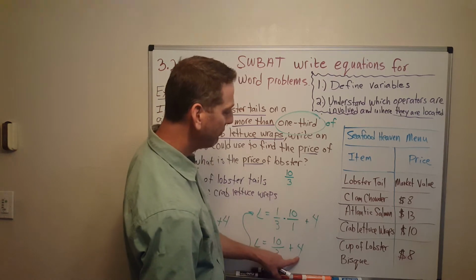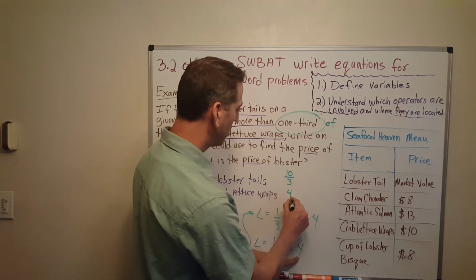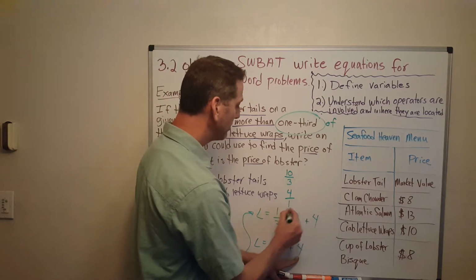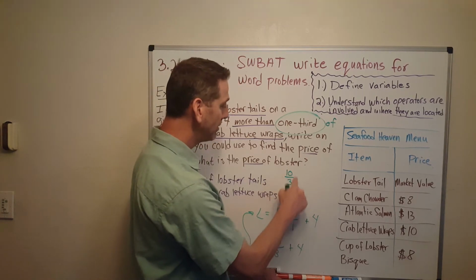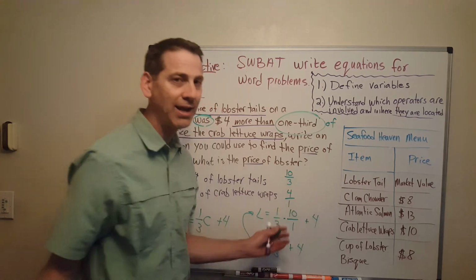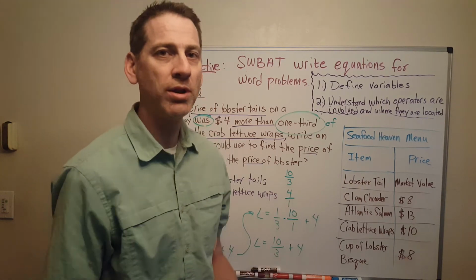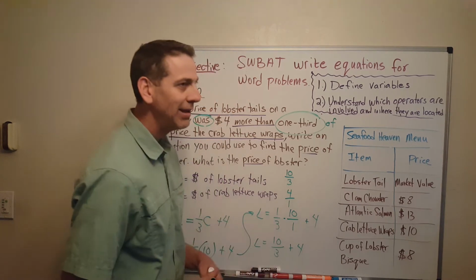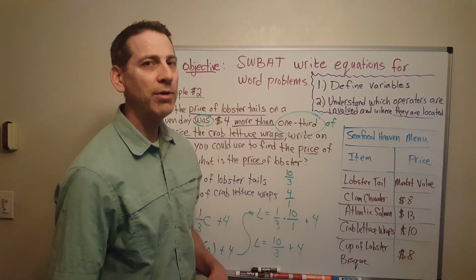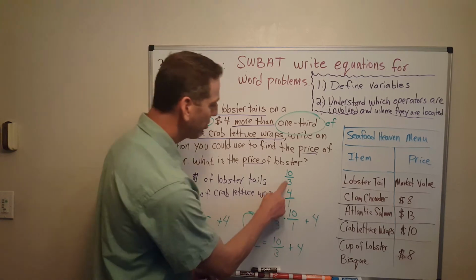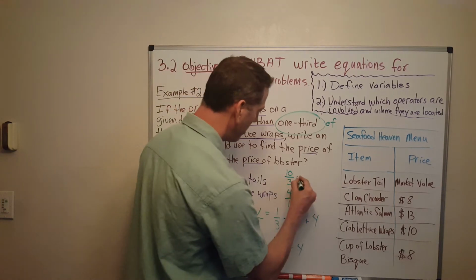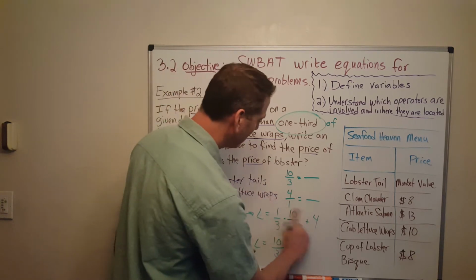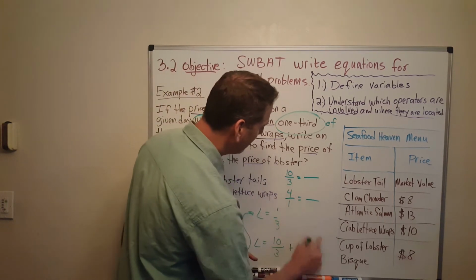I have plus 4, but I'm just going to make that a fraction. Since this is a fraction, I'm going to make that a fraction. You can make any number a fraction just by sticking a 1 underneath. All right, so what is my least common multiple between 3 and 1? I need to make some equivalent fractions here. I cannot add these guys up.